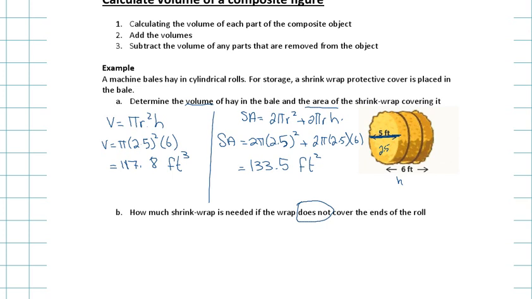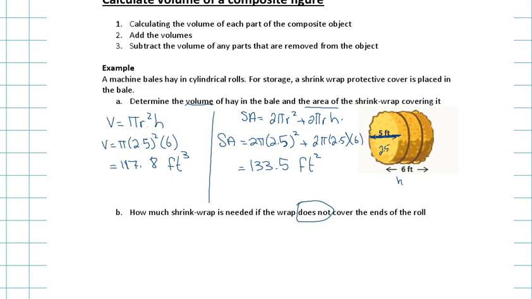So think about this. As your cylinder that you see, how much shrink wrap is needed if the wrap does not cover the end of the roll? So what is it covering?